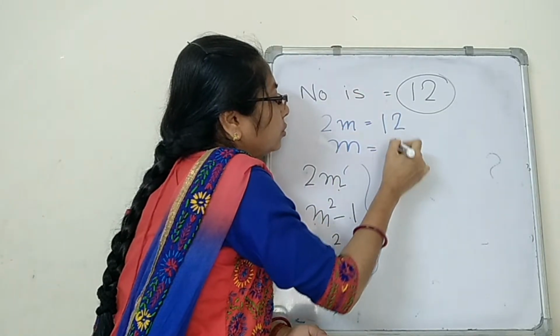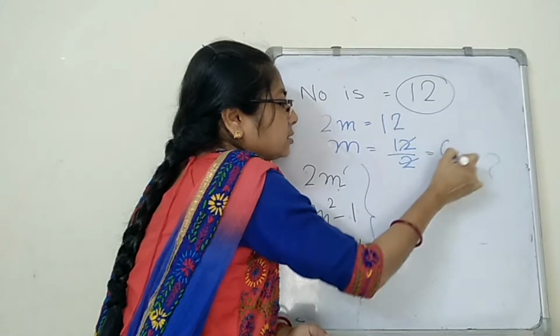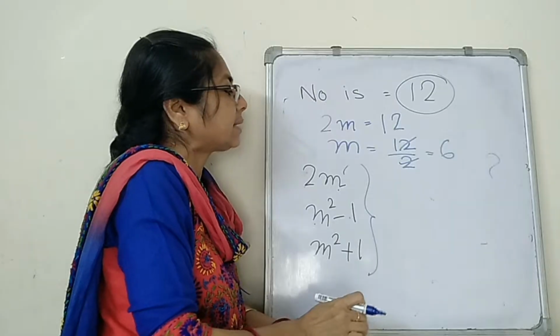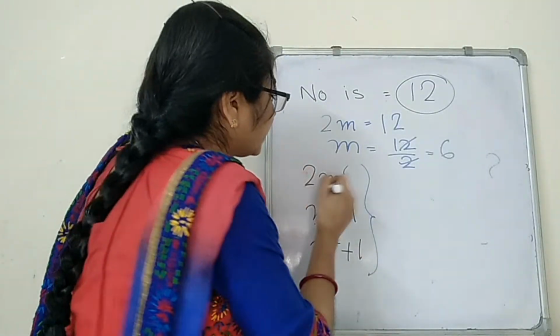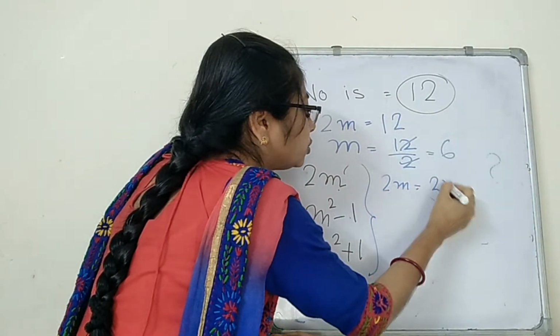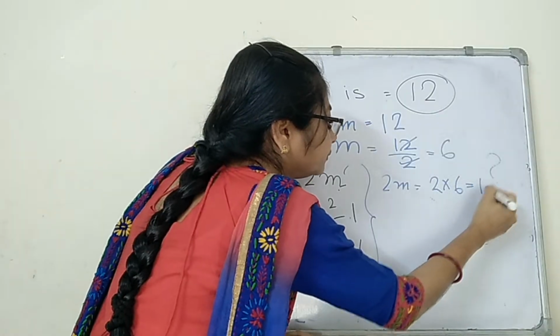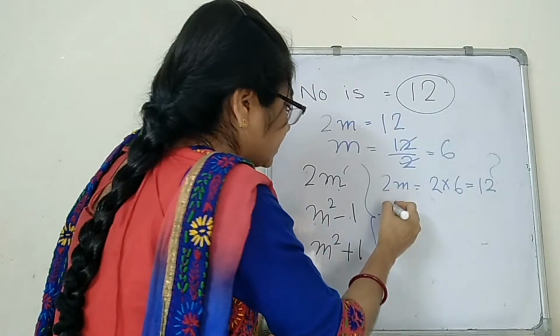M equal to 12 by 2, it is 6. Clear? It is 6. Then, what is the number? This is 2m. 2m means 2 into 6, 12.